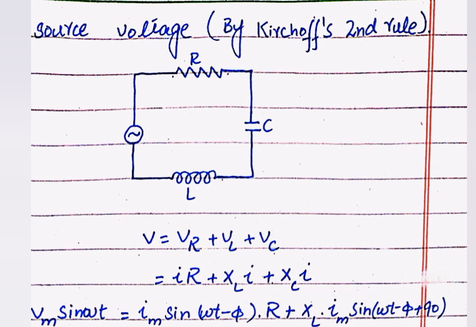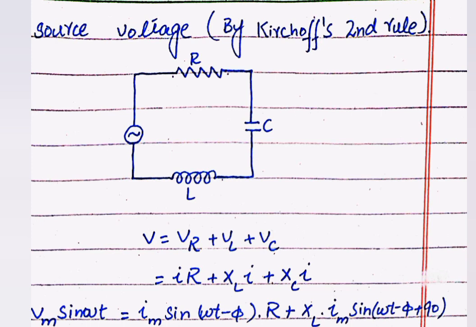The value of current, as we know, is I equal to Im sin(ωt − φ), times R, plus XL times Im sin(ωt − φ + 90). As we know, in an inductor the phase difference is 90, and that's why the voltage leads in the inductor circuit.